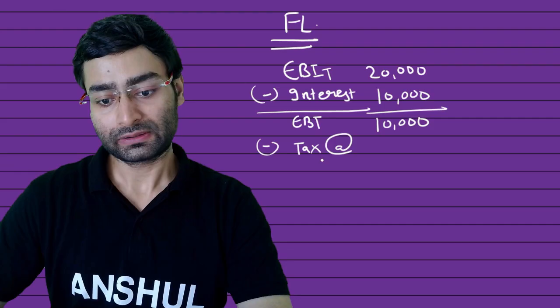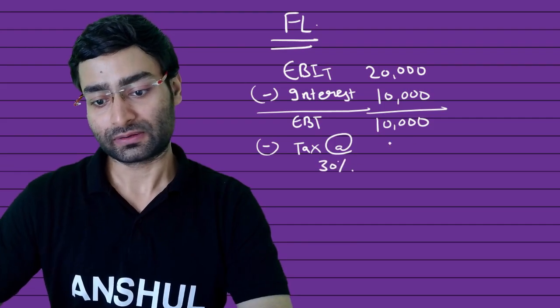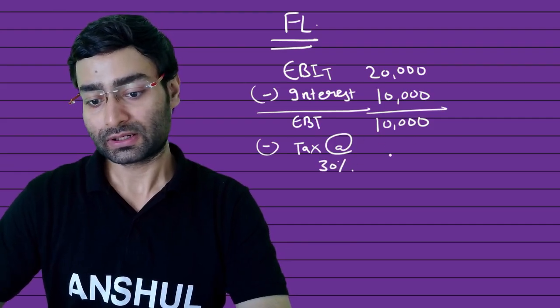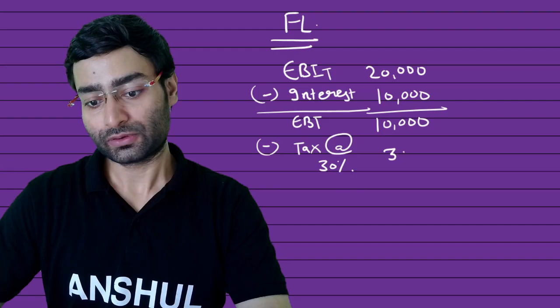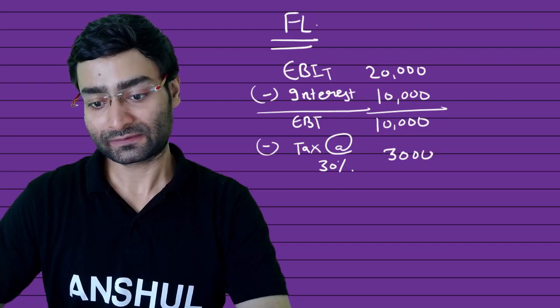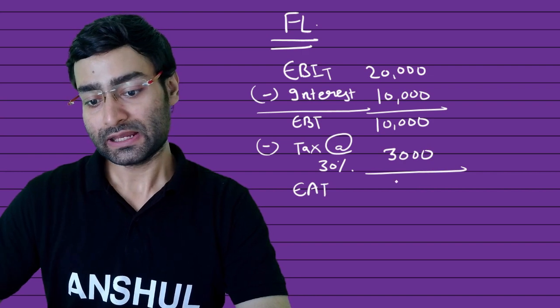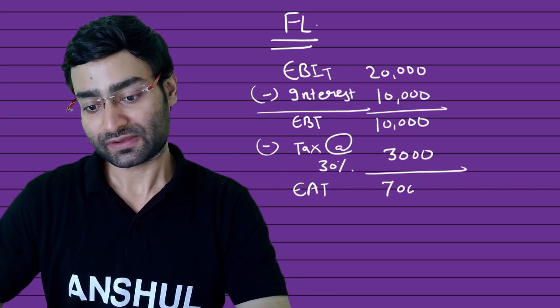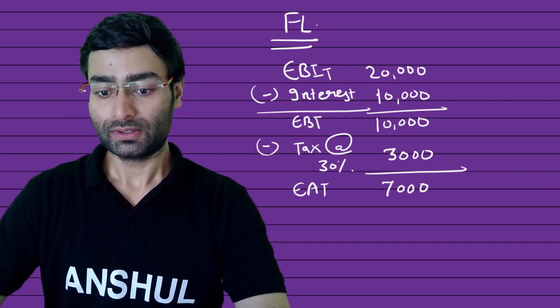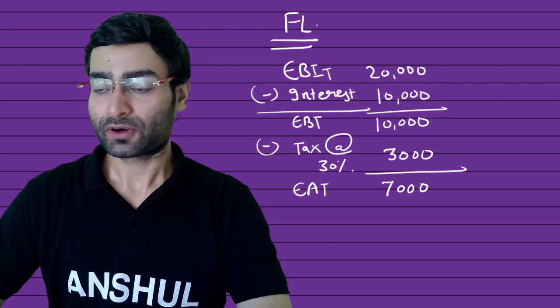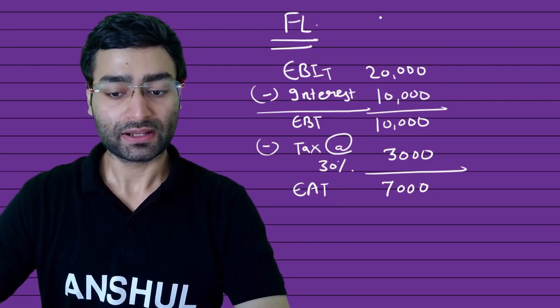For example, tax is at the rate of 30%. So 30% of 10,000 is 3,000. That is my tax. So earning after tax, EAT, comes to 7,000. This is the extended profit statement for financial leverage.